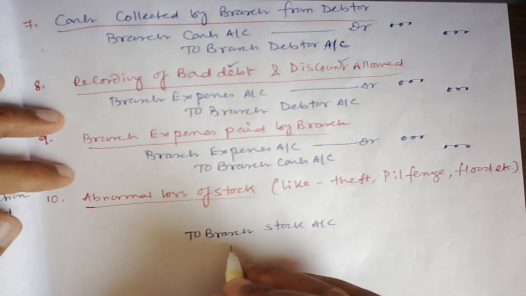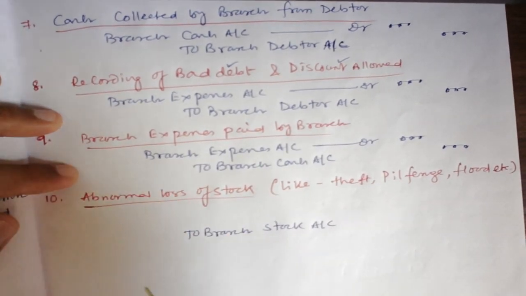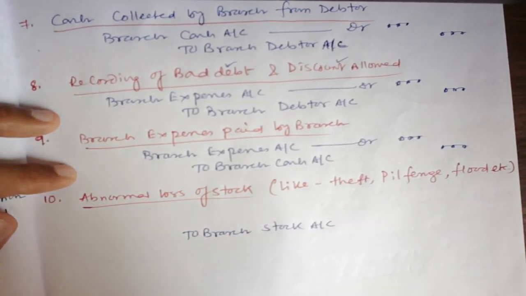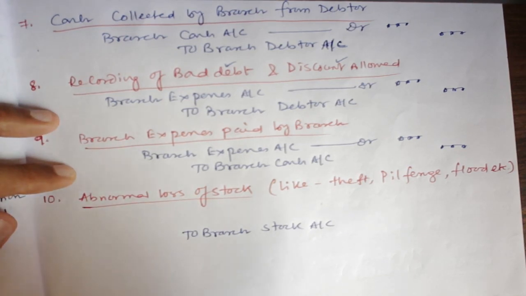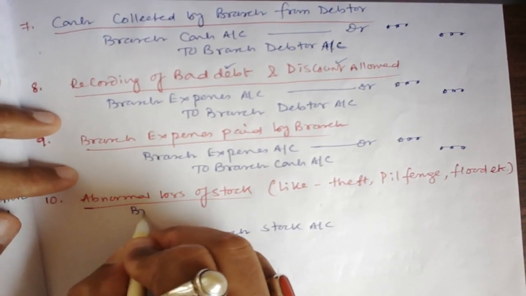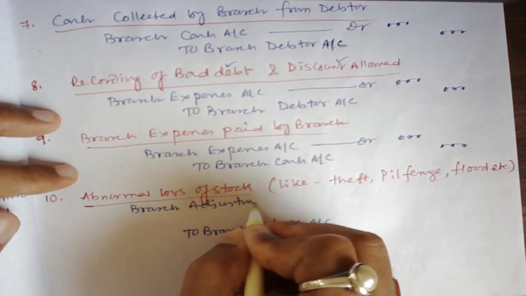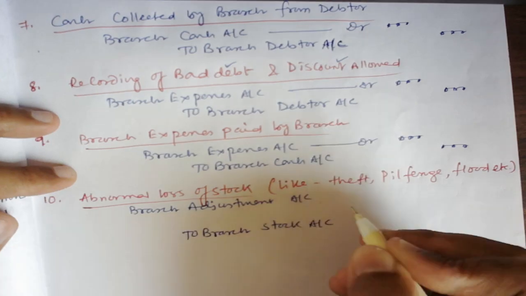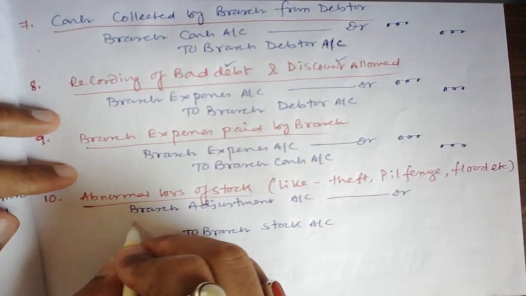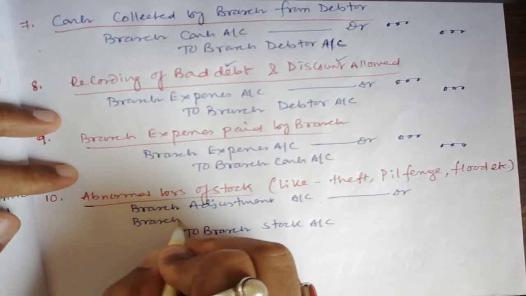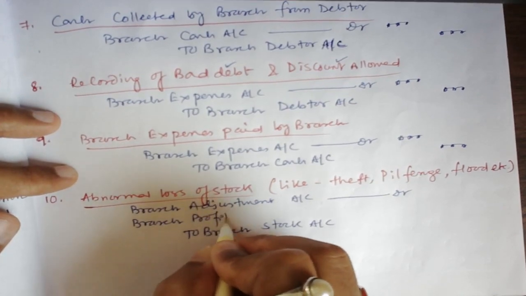And the branch stock is credited and the losses have to be adjusted through the branch P&L and branch adjustment. So right now here, please, branch adjustment account debit, branch profit and loss account debit.